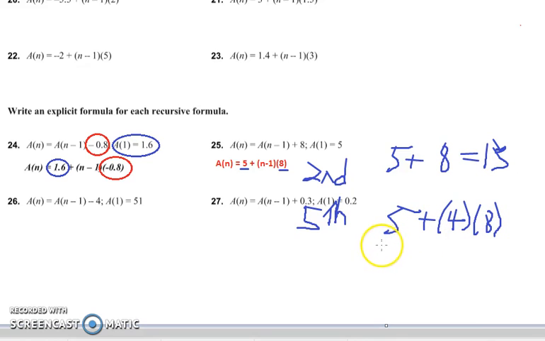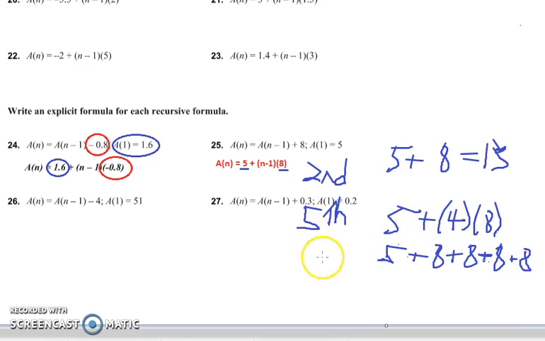Okay, this would be the same thing as saying 5 plus 8 plus 8 plus 8 plus 8 plus 8. Okay, you can do that either way.